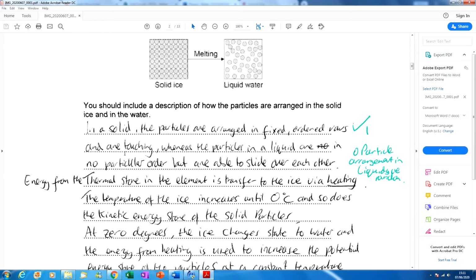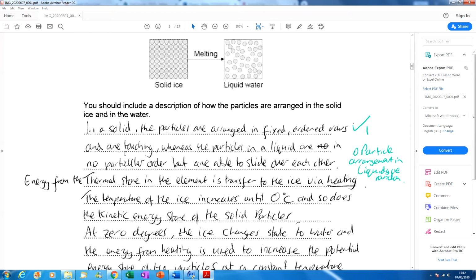The particles, once heating is done and energy is put into a substance, can start to move around faster, and that's increasing the kinetic energy store of the particles. Also, it's really good to remember this: when the kinetic energy store of the particles is increasing, the temperature must be increasing.